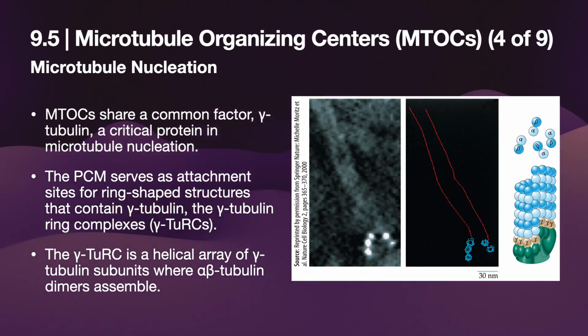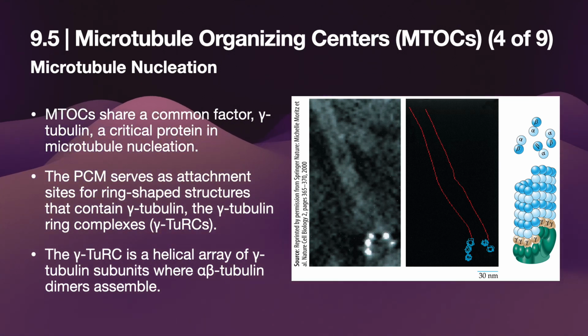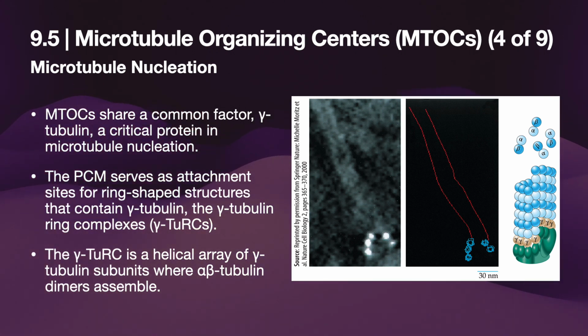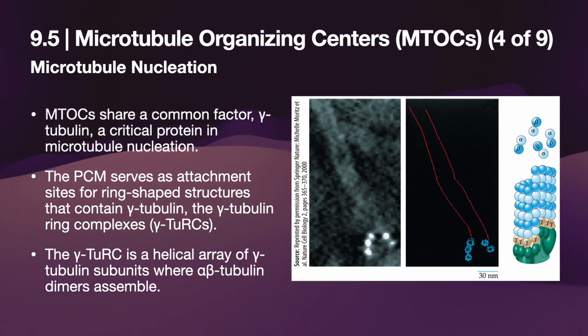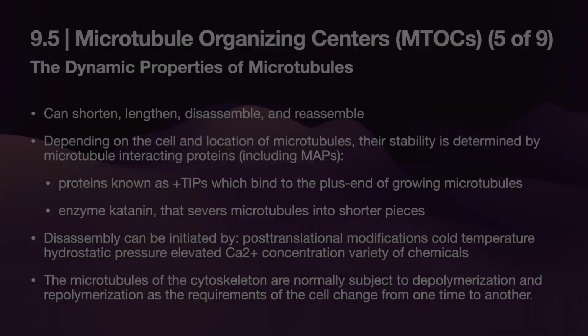This gamma tubulin ring complex is a helical array of gamma tubulin subunits where the alpha-beta tubulin dimers assemble. As you will see in the figure on your right, this is a shot from an electron microscope, and the artist's sketch of the MTOCs and their gamma tubulin ring complexes.